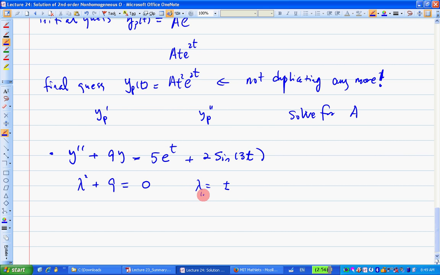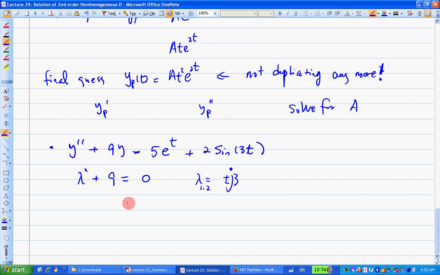Plus minus j3. It's a complex number. This is one of the mistakes I've seen before: giving you such a question, and you answer positive negative 3, and the rest I don't even have to look at anymore. So j3, because lambda squared equals negative 9. A positive number cannot be a negative number, so it has to be complex here.